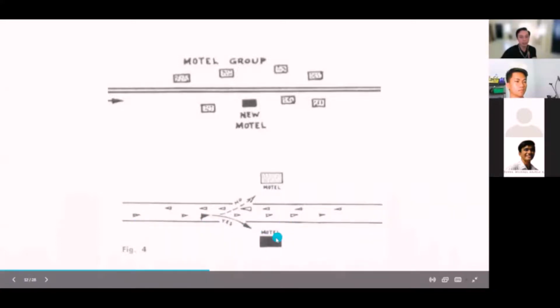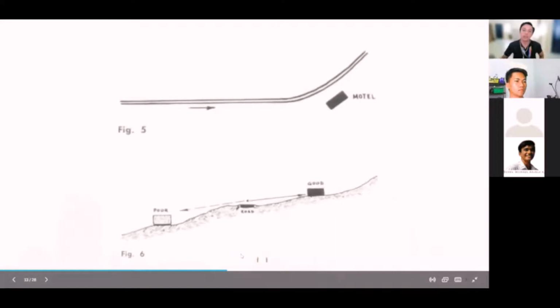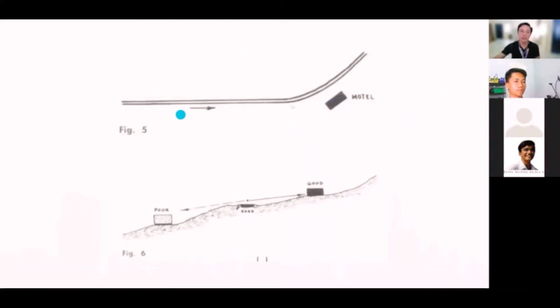So it's feasible that you locate your motel in this side. Okay, another good location for your motel is here.